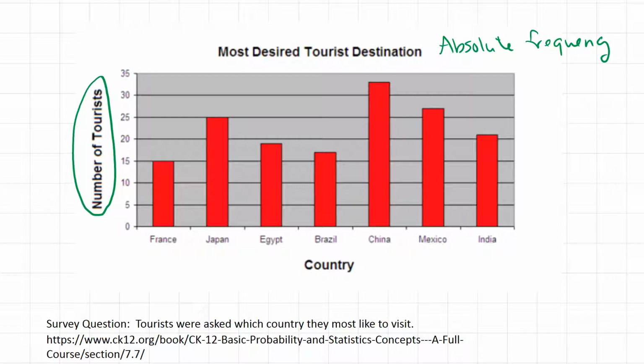We can see that most tourists seem to want to visit China because that's the tallest bar. There is a scale on the left-hand side, and it's appropriately scaled. In other words, the jumps are all the same distance apart. So I'm just checking to make sure that the bar graph is represented clearly and accurately.